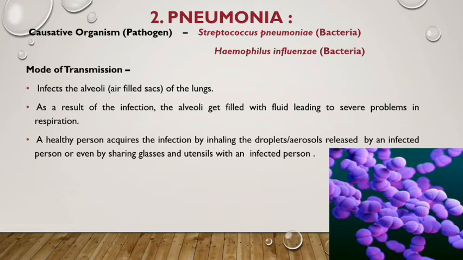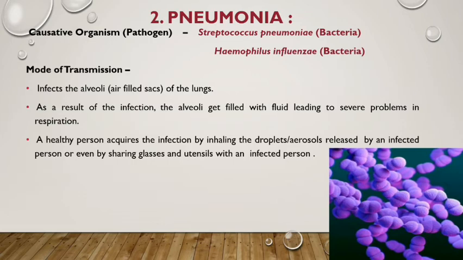Or even by sharing the utensils, or whatever things the infected person is using, if those things are used by another person, then he may also get pneumonia. That means you can see that pneumonia is a communicable disease, isn't it?